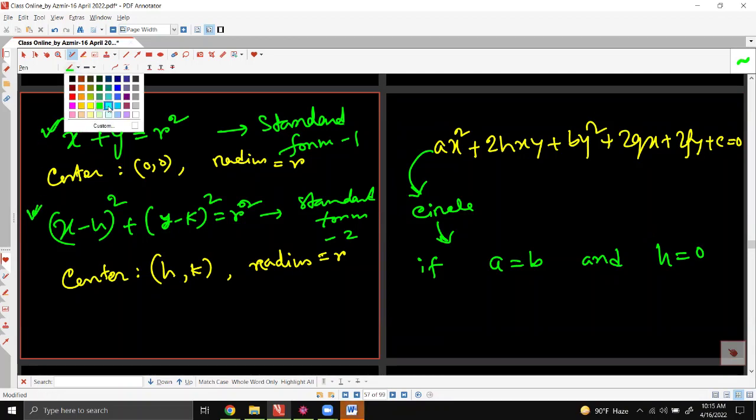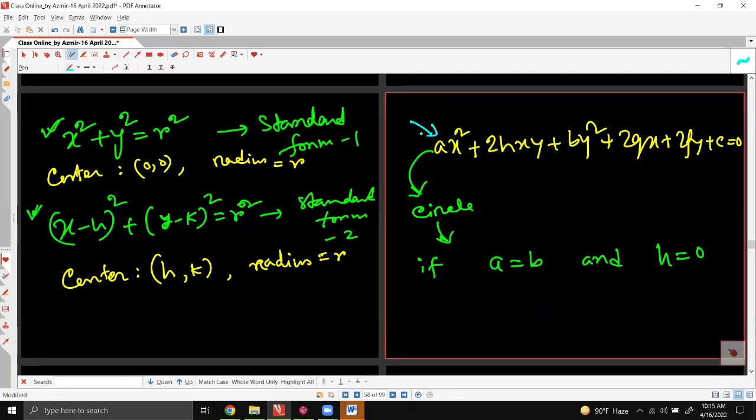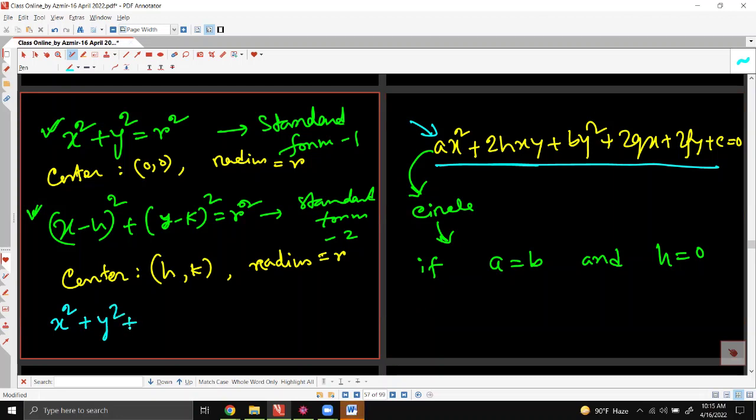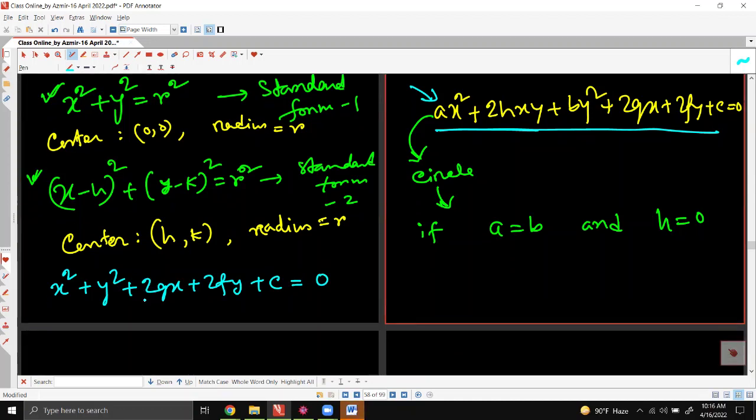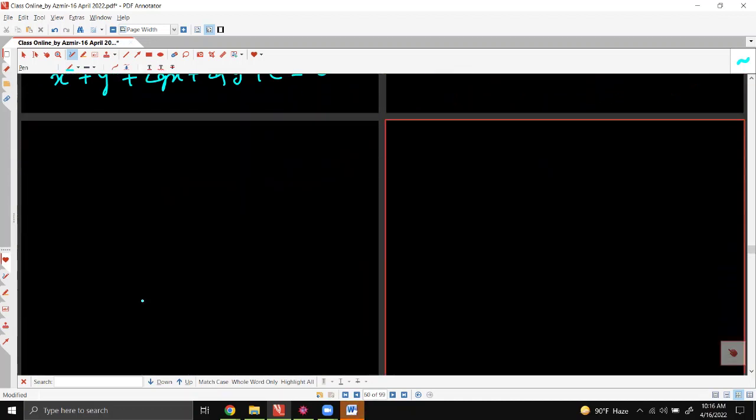There is also an alternative version of the general equation of second degree. If we understand that this equation is representing a circle, then we can also write another equation: x squared plus y squared plus 2gx plus 2fy plus c equals 0. So this is also another form of a circle. So we can think about all these equations.